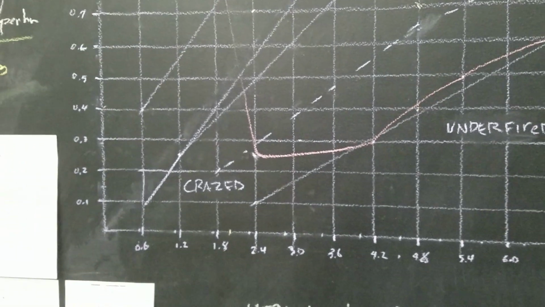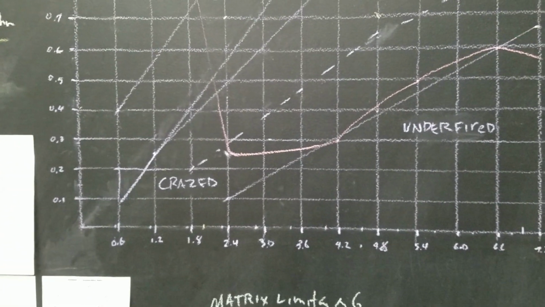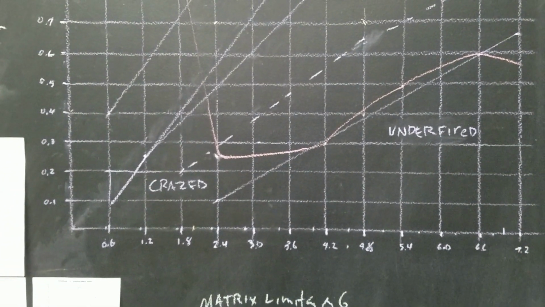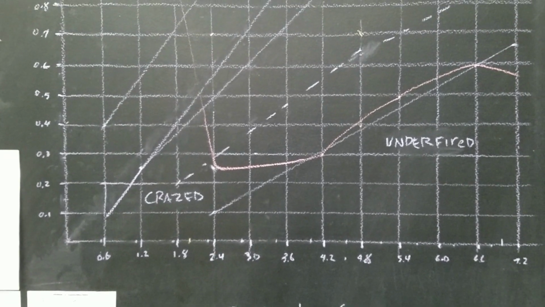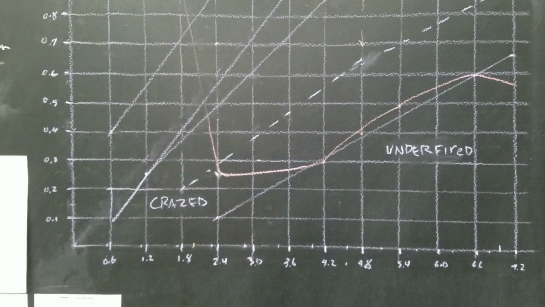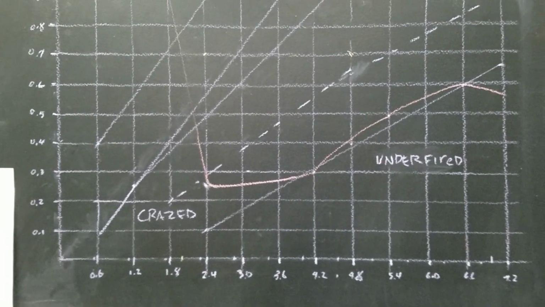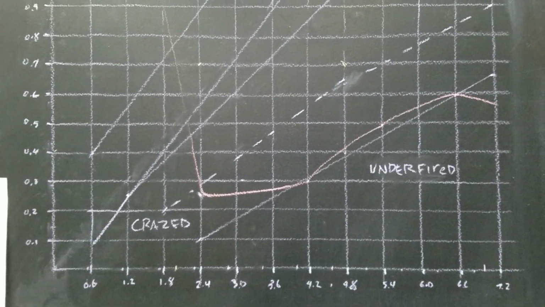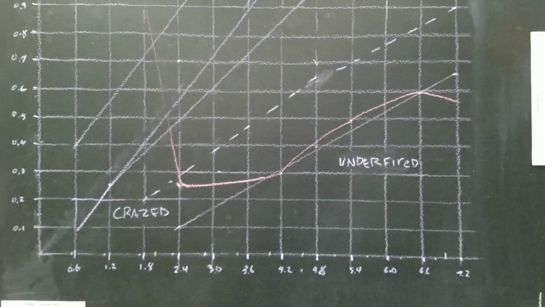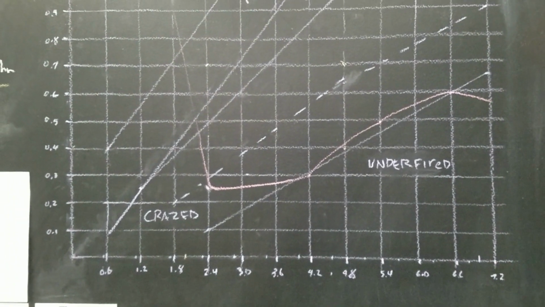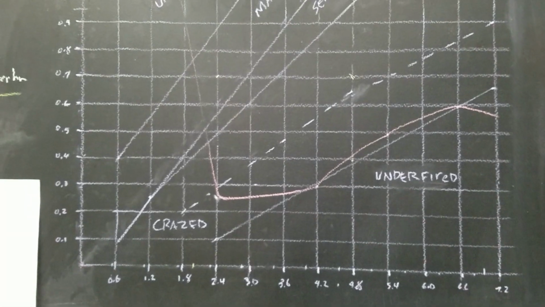And crazing is clay body dependent. You can imagine if you had 100 clay bodies or 1,000 all over the world, you cannot guarantee that they're not going to craze because you also don't know what temperature they're fired to and how long they're soaked.